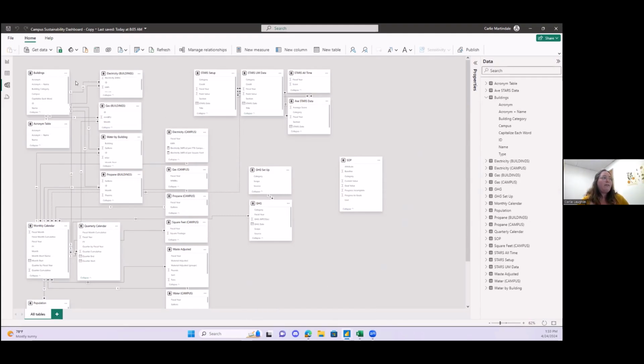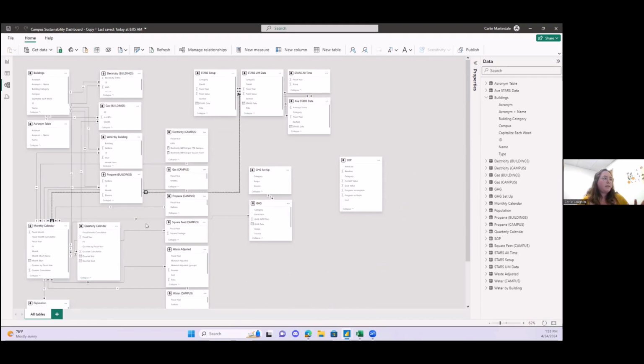So I have IDs, pretty much connecting with the IDs for electricity, water, natural gas, propane usage by building. And the monthly calendar is connected to all of these for our resource usage annually, as well as our STARS score data, our greenhouse gas emissions data.